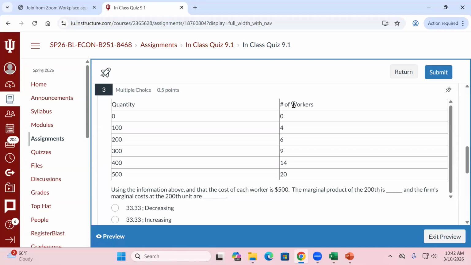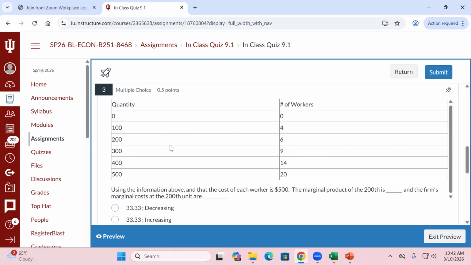So let's instead think about having a table here. Now I've got different quantities and different numbers of workers I'm hiring. If each worker costs me $500, what's the marginal product when I go from the 100th to the 200th unit, and what's happening to my marginal costs?